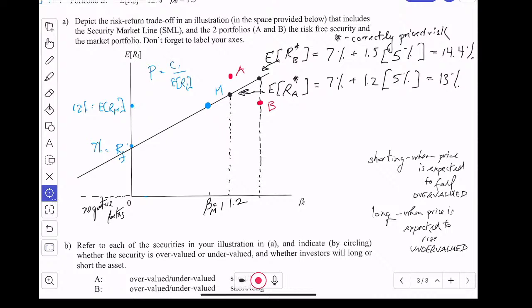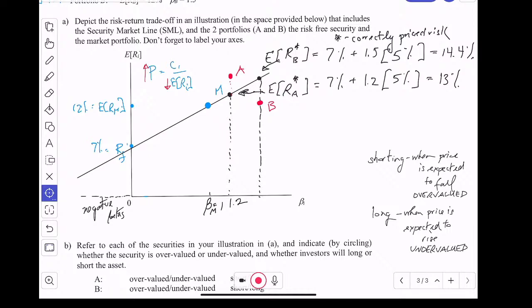As this price is increasing, the adjustment would be that the expected return will fall. To maintain this relationship, the expected return will fall, just to the point where it falls to the line.